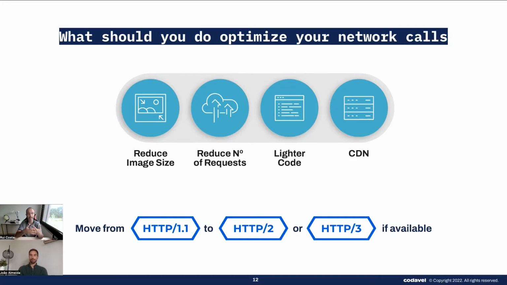So if you can, please move to the latest version of HTTP that you have available, either 2 or 3, to make sure that your network calls are super well optimized. And again, as a consequence, your performance KPIs are improved, so time to interactivity, video startup time, and as a result, the business outcome that you want to have with your mobile application is optimized as well.